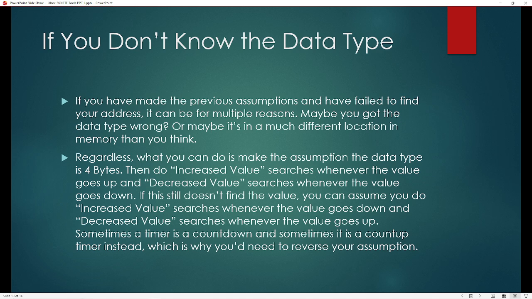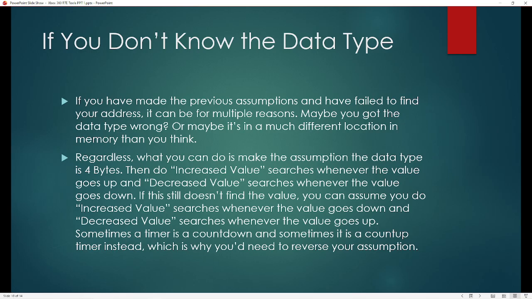Let's say the game ends in 300 seconds. It might start from 0, count all the way to 300, and then the second the 300 mark is hit, the game ends. Timers can be different, so what you do is you assume it's just increasing normally at first and decreasing normally at first, and if that doesn't work, you invert the assumption.